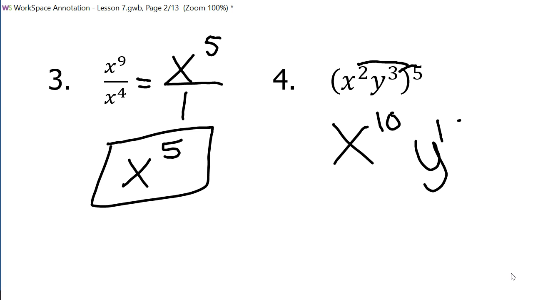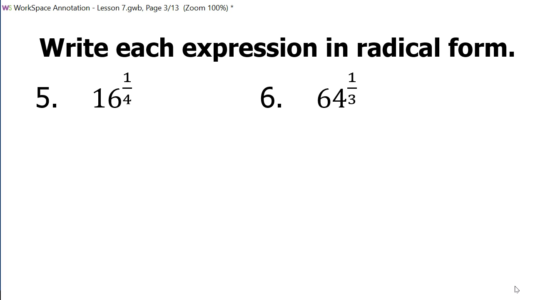Okay, next section. Now we're getting into the new part for today, which is the rational exponent. What it means to be a rational exponent is that you are going to have some base to a fractional exponent.